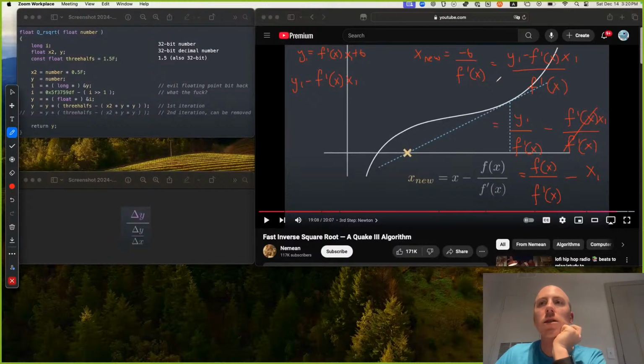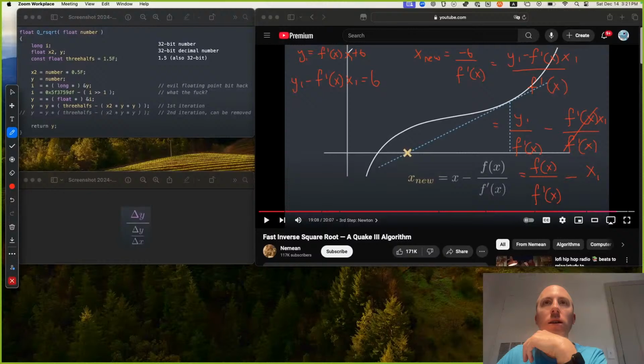We were solving for b, doing y is equal to mx plus b. Wait, did we solve for b somewhere?